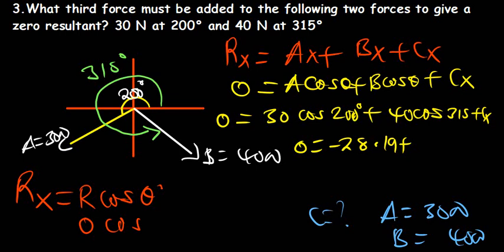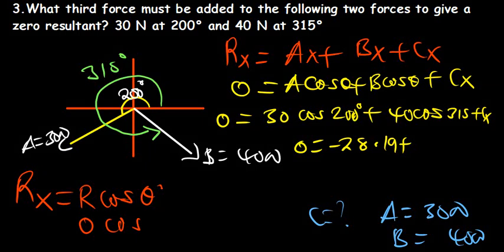Then the next thing is I need to also do 40 cos 315. If we do that, what are we going to find? I'm getting 28.28 plus Cx.